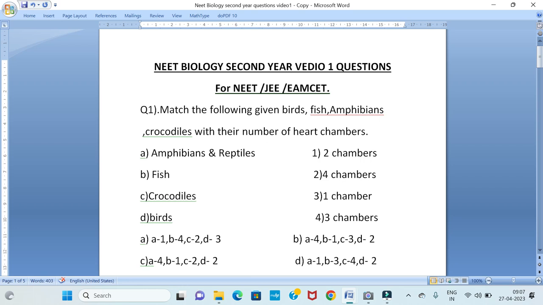Like that, birds, fish, amphibians, crocodiles contain how many heart chambers? So you have to match. Amphibians, reptiles, two chambers or four or one or three. Fish, crocodiles, birds. Come on fast, choose the correct answer.